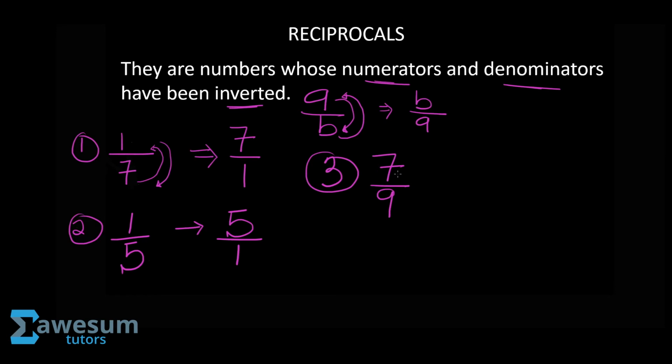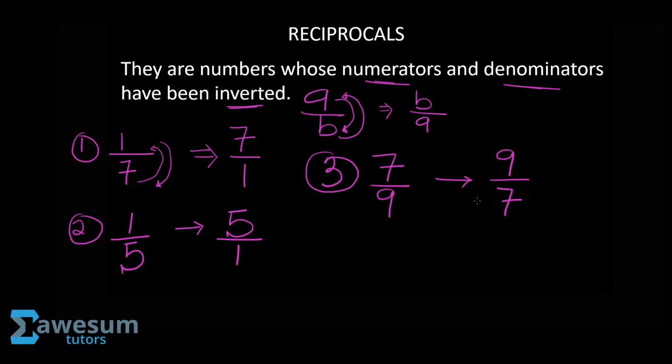Again, 7, which is the numerator, goes to the bottom, and then 9 goes to the top.